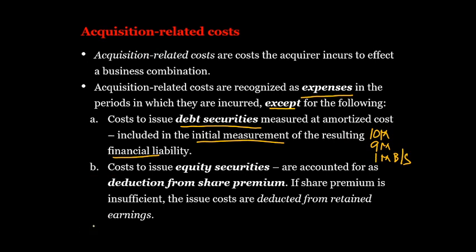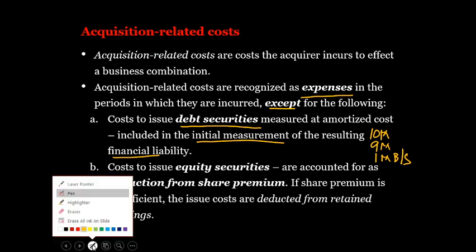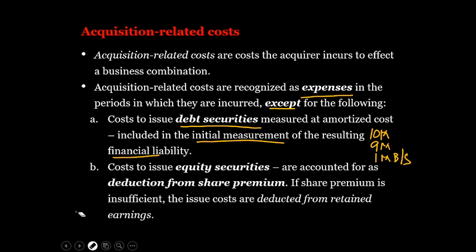Nakakahiya naman sa inyo. Pwede ko naman siyang i-edit, pero hindi ko lang talaga feel. Okay? Tada! Yan, para makapagpahinga naman kayo. Bonds payable. So the cost to issue these bonds payable will be included in the initial measurement of the resulting financial liability.